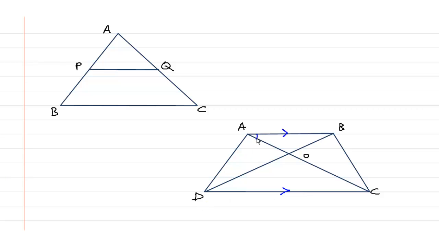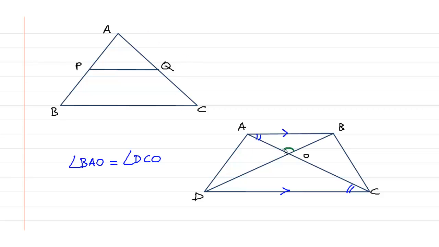Then we can say that angle BAO is equal to angle BCO, because they form a Z shape and therefore they are alternate angles. So this angle and this angle are equal.